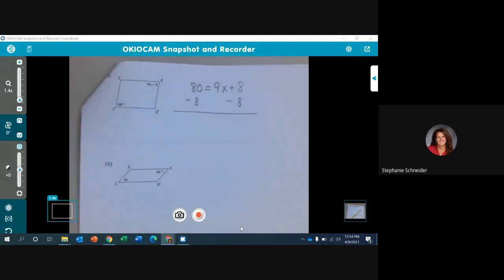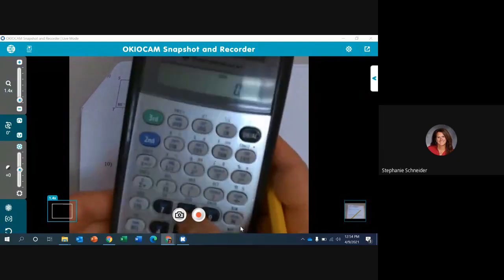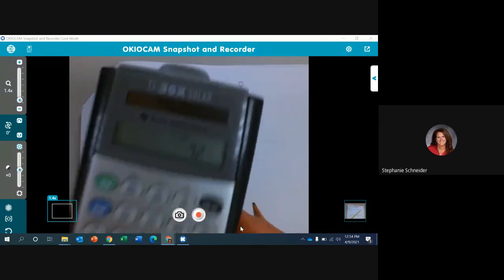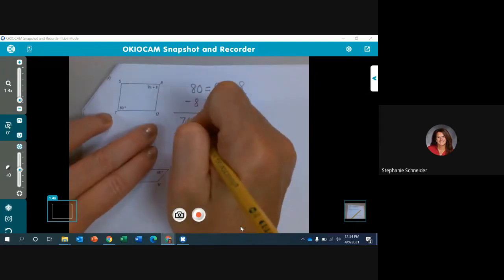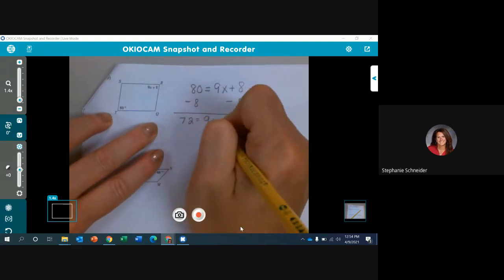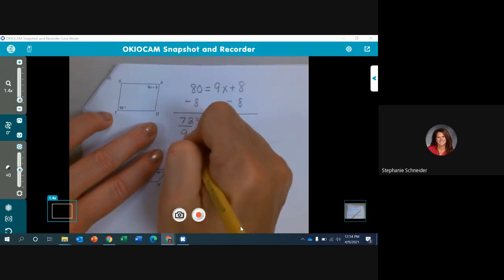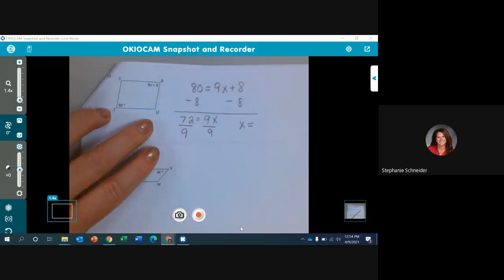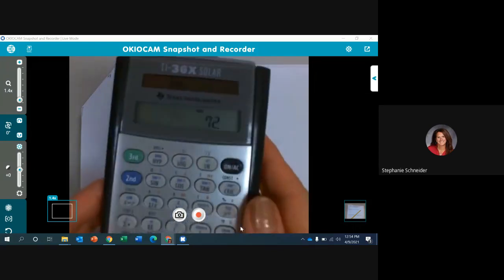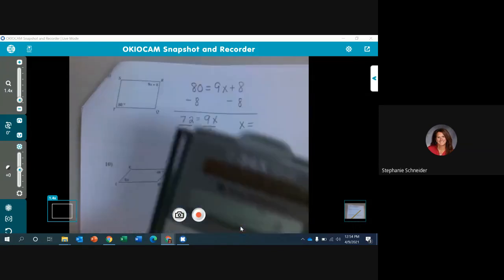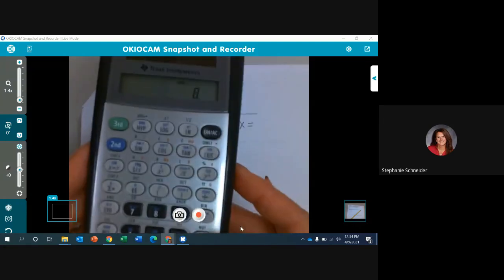Okay, get your calculators out. We have 80 minus 8. That's going to give us 72. So 72 is equal to 9x. Divide both sides by 9. And we get x is equal to 72 divided by 9, which is 8.